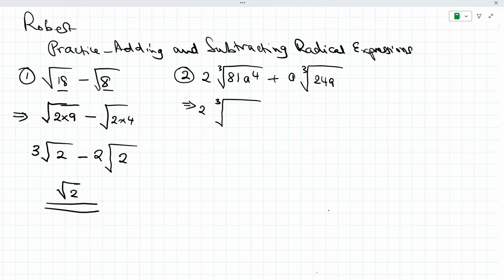And now when we look at 81, we find that 81 is 3 times 3 times 3 times 3. So that means actually we can use 3 to the power 4, then a to the power 4, to get out a cube root of 3 to the power 4.